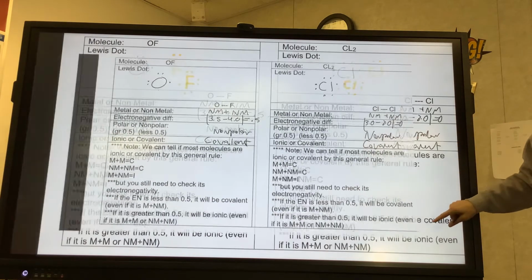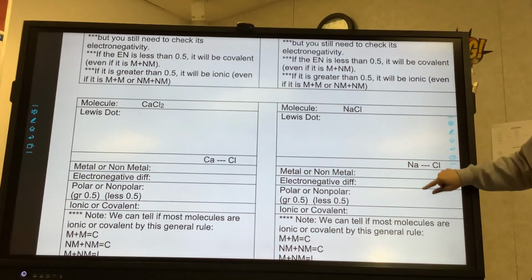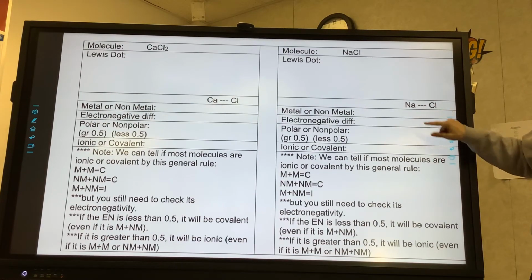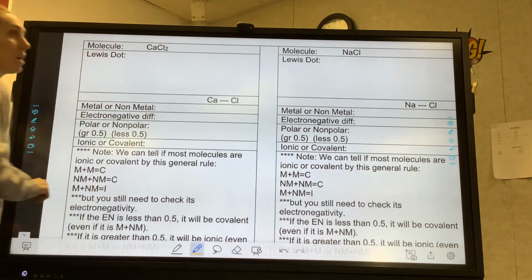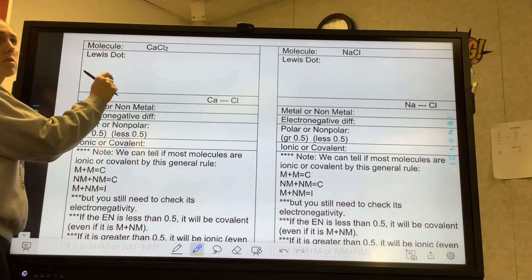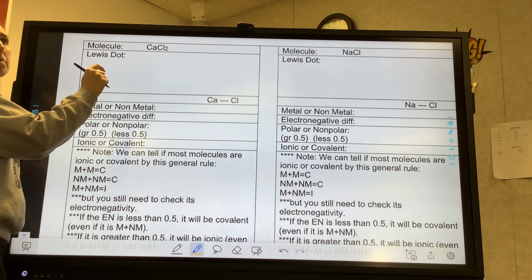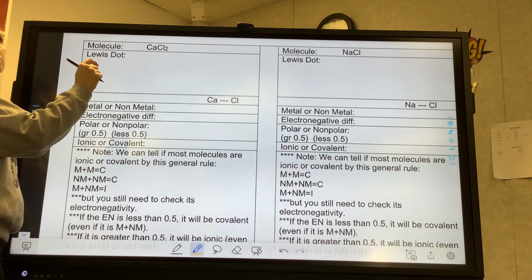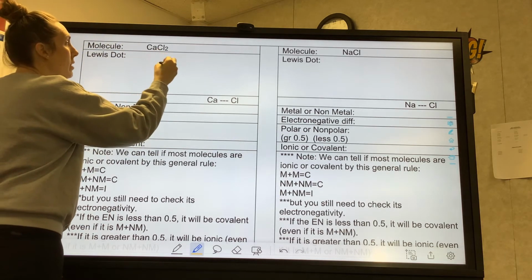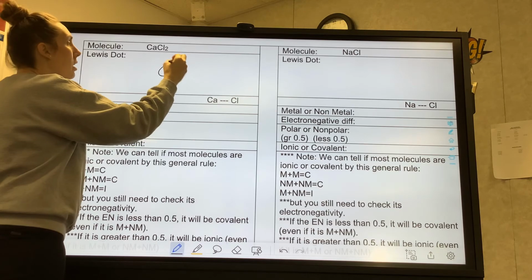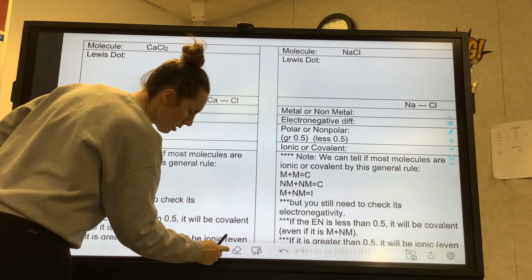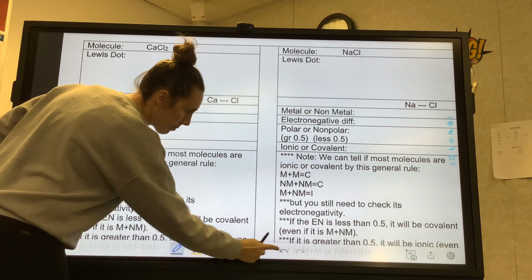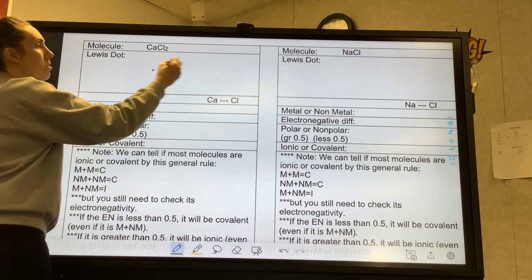Let's do our last set of two. Okay, CaCl2. Calcium, how many valence electrons for calcium? 2. Perfect. So it's Ca, 2 valence electrons.